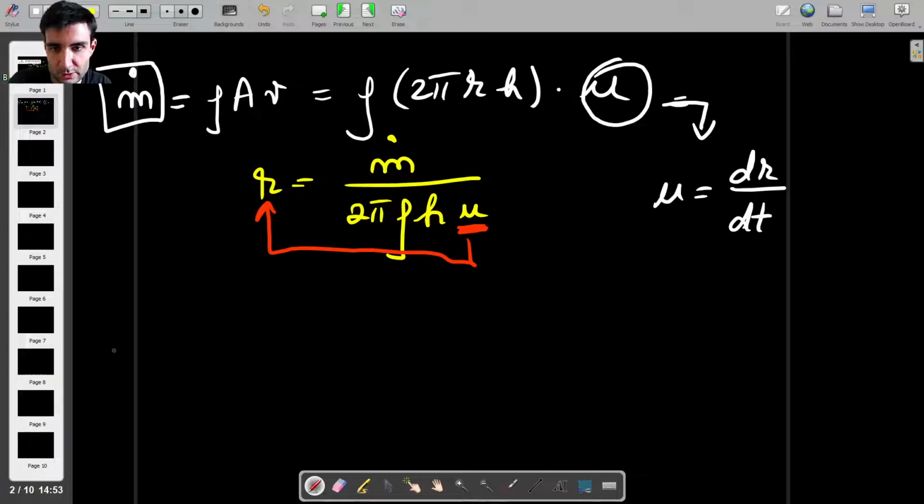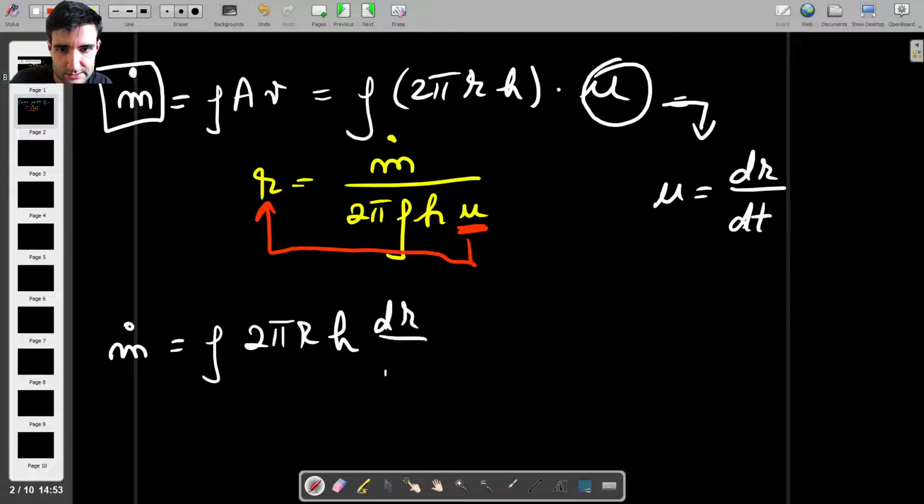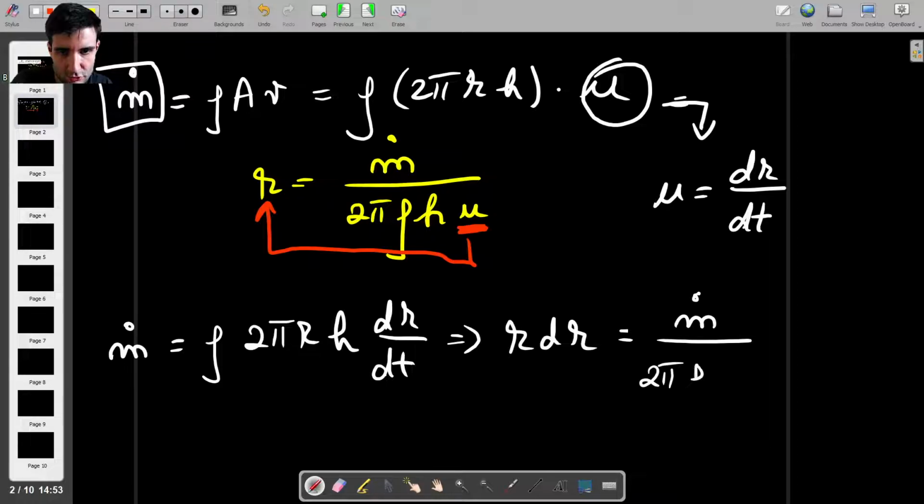That's very nice because we can say m dot is rho times 2 pi r h, and instead of u we have dr by dt. So we can separate the variables: r dr on this side, and on the other side m dot divided by 2 pi rho h, then dt.